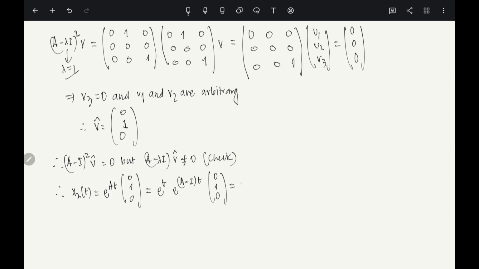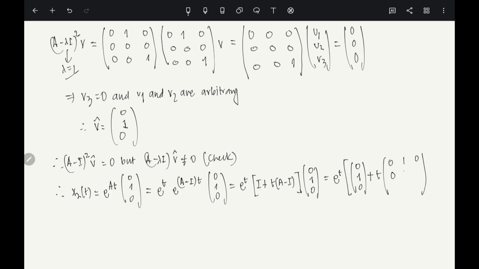And then I have this vector 0 1 0. So if you write it properly, it is e to the power t, and then identity plus t times (A minus I), and then our vector 0 1 0. Now let's calculate this. It is 0 1 0 plus t times the matrix 0 1 0, 0 0 0, 0 0 1 times 0 1 0.